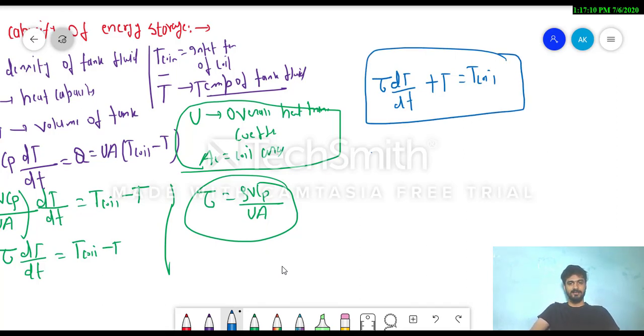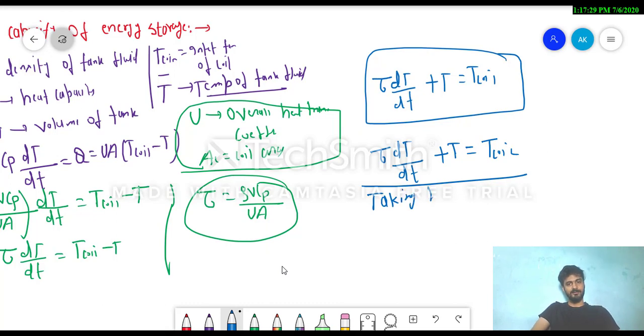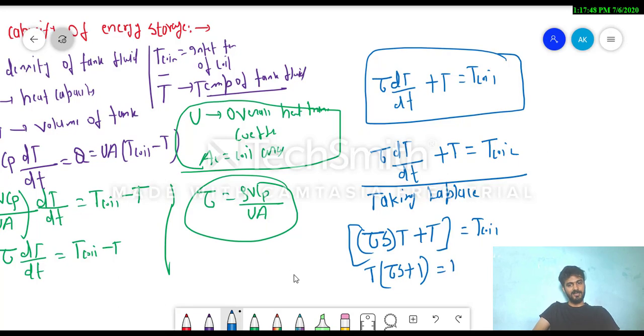Now if you take the Laplace transform, you will get tau s T plus T equals T coil, and taking T common, you get (tau s plus 1) T equals T coil.